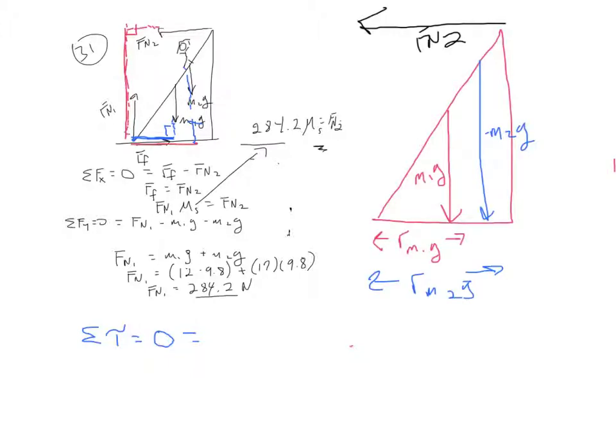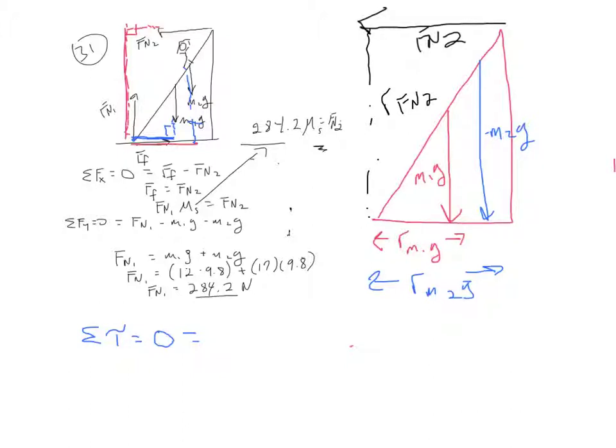I'm going to redraw this over here to the right, and you can see here is the lever arm for M1G, here's the lever arm for M2G. And then Fn2, I'll redraw that in black, and it is this distance right there. So there is the lever arm for Fn2.